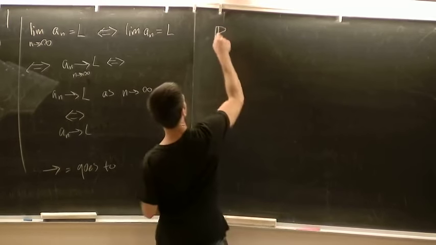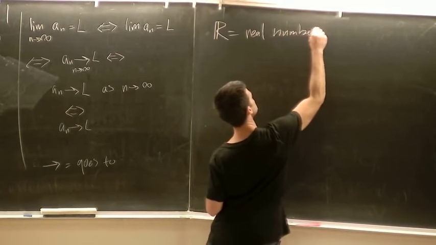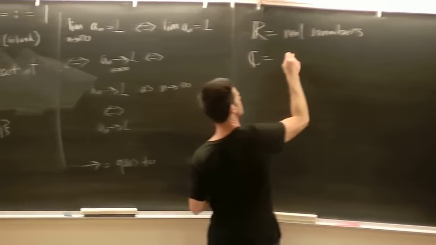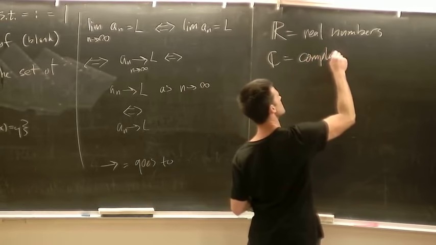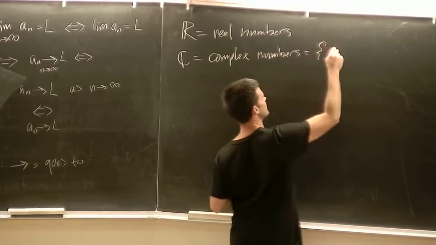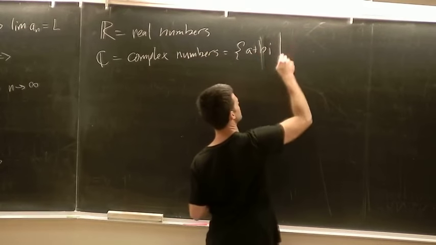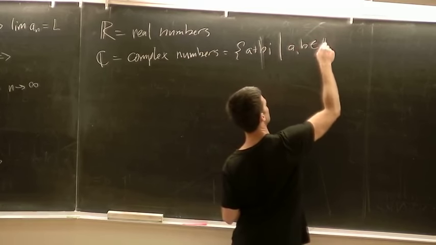You should all know that R is the real numbers. C is the complex numbers, which I could write as the set of a plus bi, such that a and b are real numbers.